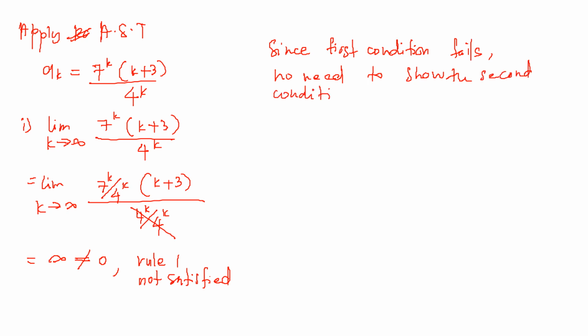You have to put some conclusion for the AST test, saying that you do not proceed to the second condition since the first test failed. The series diverges by AST.